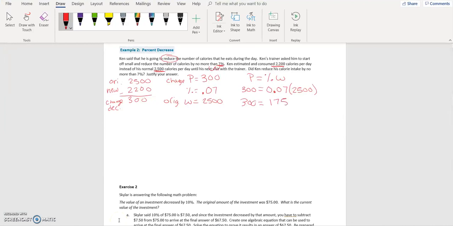Okay, so we see that these are not equal to each other. The 300 is how many calories Ken decreased his intake.